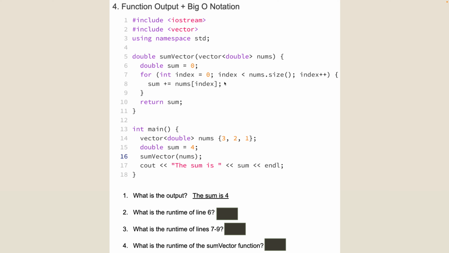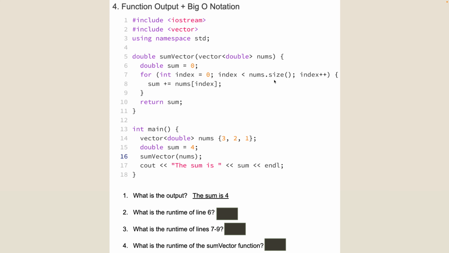Nums, yeah, it's this vector of nums. And so what would represent n? n is generally how many elements we're processing. Yeah, 3 in this specific example, but how did we get it, if we were to generalize? It's essentially nums.size.